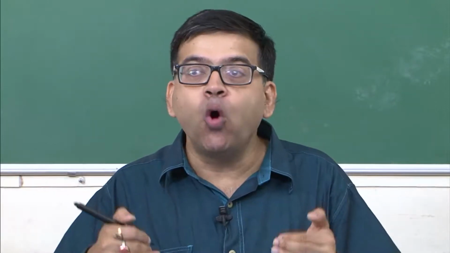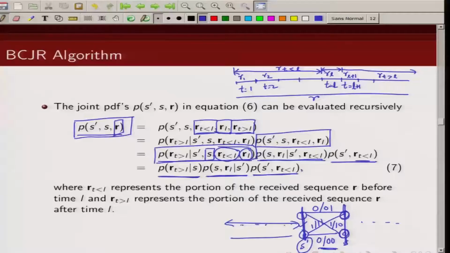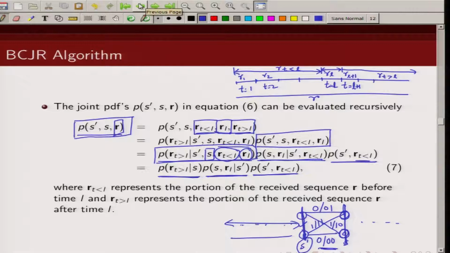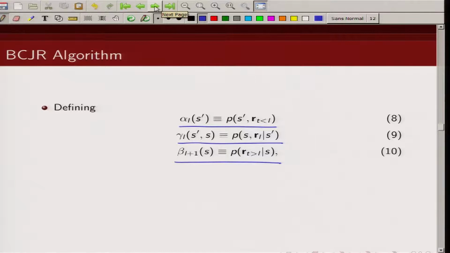Okay. And we will now show how we can compute each of these terms. Let us call this probability alpha, this probability gamma, and this probability beta. Now we are going to show that we can write this joint probability in terms of alpha, beta and gamma.